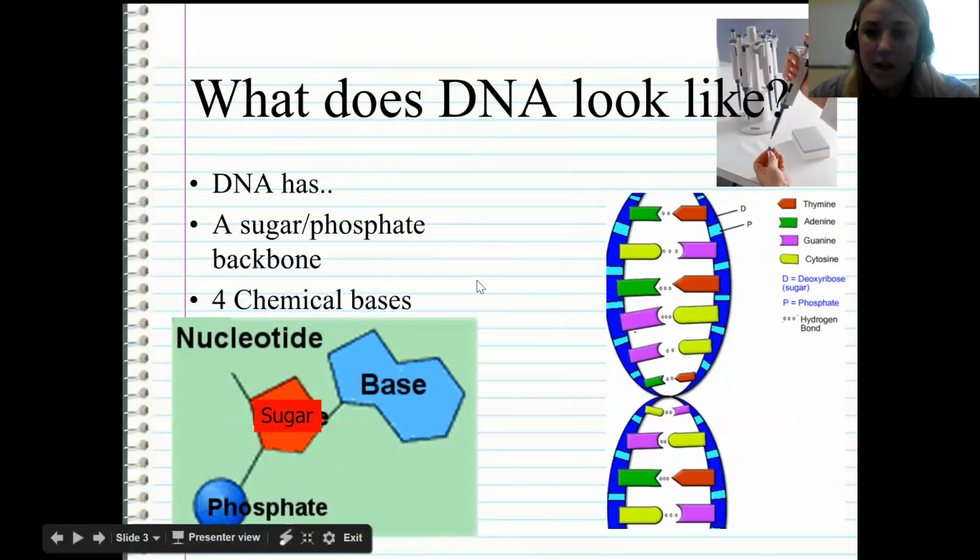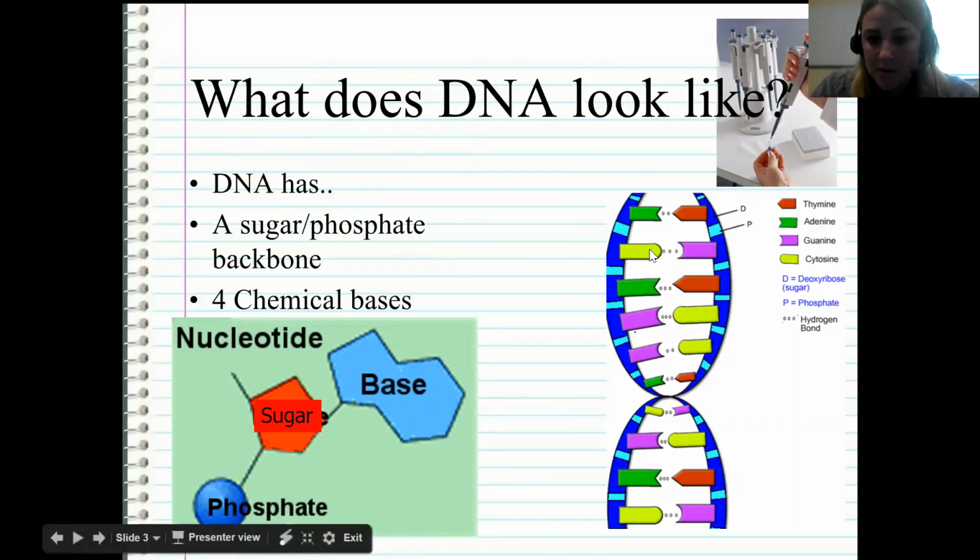Then we have 4 chemical bases, and I talked about those a little bit earlier. Thymine pairs with adenine, and guanine pairs with cytosine.